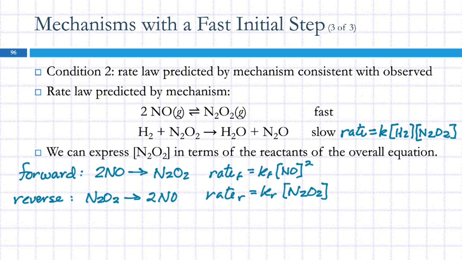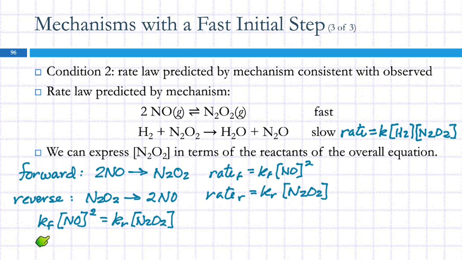So then we know that K forward times NO squared must be equal to K reverse times N2O2. You okay with that? At equilibrium, the forward reaction and the reverse reaction are happening at the same rate. So we can set these two terms equal to each other.